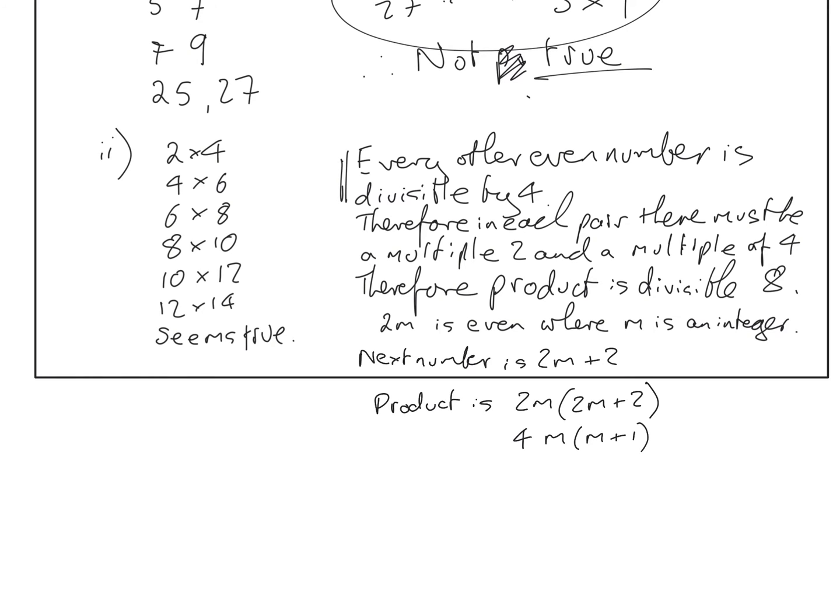It's the same leap that we made up here. Either m or m plus 1 must be, if you've got two consecutive numbers, numbers go odd, even, odd, even, so one must be even. Therefore, divisible by 8. And again, that's the key step, isn't it?